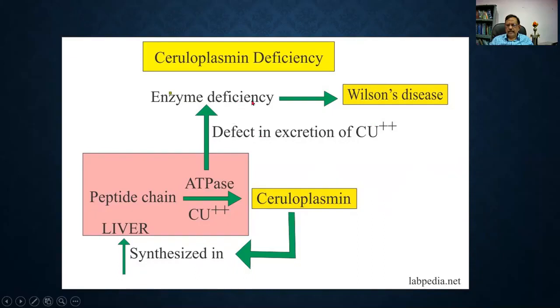Because of the enzyme deficiency, there will be a deposition of copper, which leads to Wilson's disease. And this will happen in the case of ceruloplasmin deficiency. The copper is absorbed, but due to ceruloplasmin deficiency, this process doesn't take place and there is an excess deposition of copper.